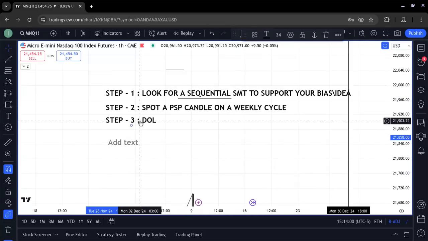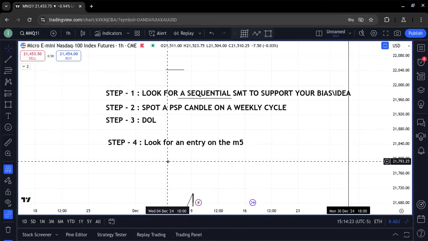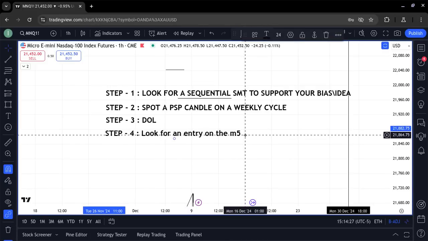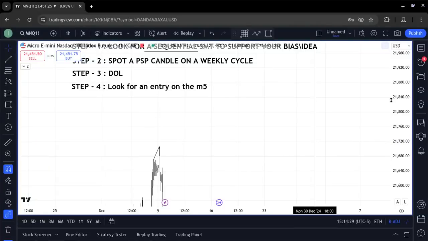Step 4 is to look for an entry on the M5, meaning the 5-minute time frame. Or if you're trading the CRT, meaning the 1 hour candle range, you look for your entry on the M1 time frame. So let me show you an example.